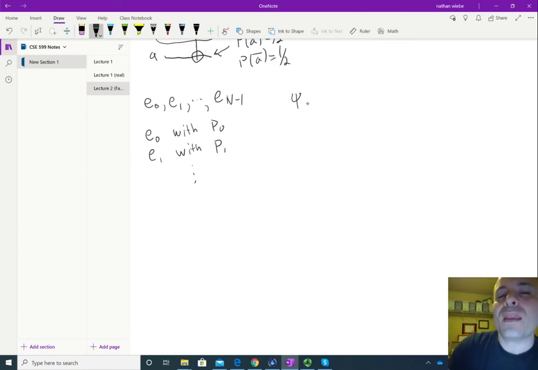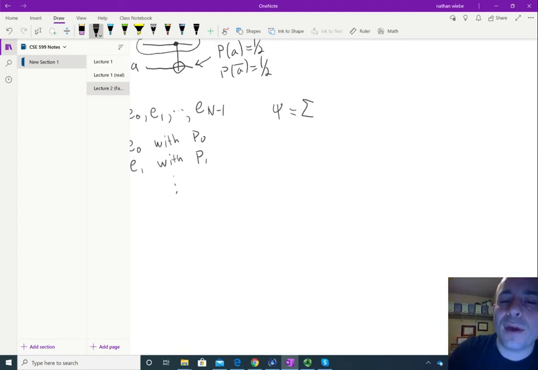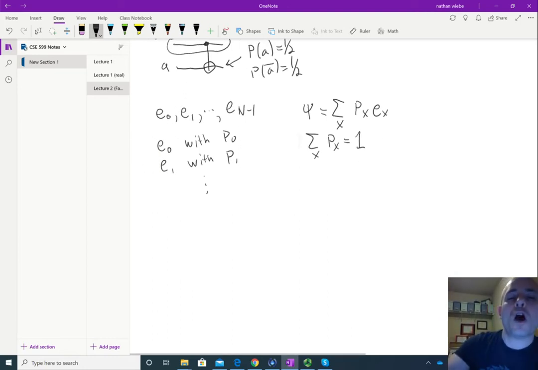But I'm going to define our distribution over the vectors in the following way. Let's define the distribution to be the sum of px times ex, where the sum over x of px equals 1. All right, cool.